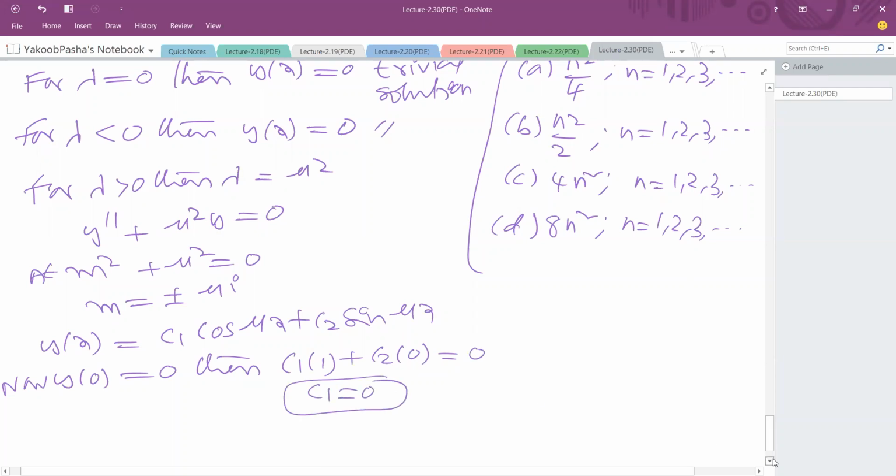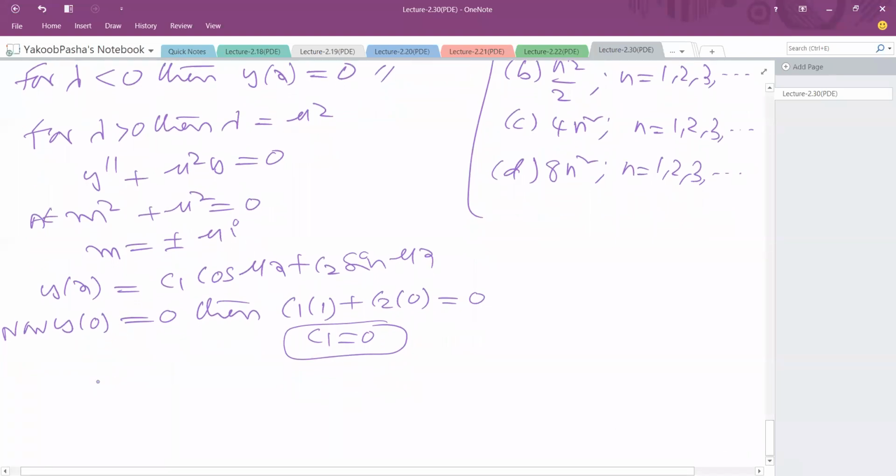When c1 is equal to 0, we get y of x is equal to c2 sin mu x. Now we can apply the second boundary condition, that is y of pi by 2 is equal to 0.